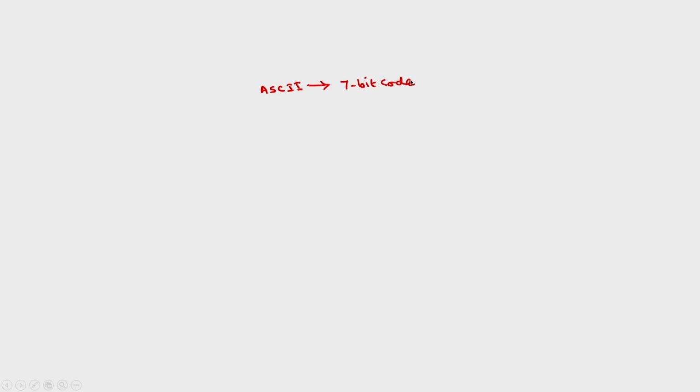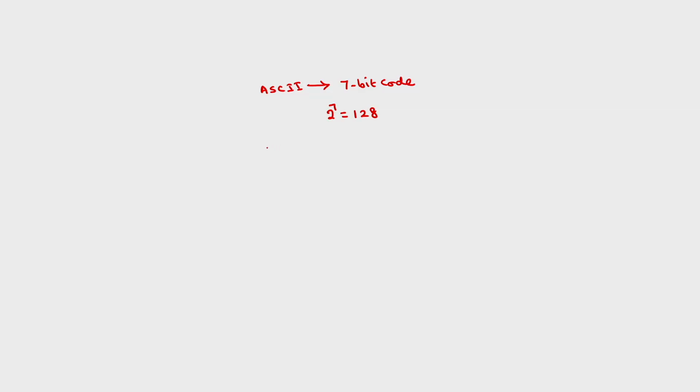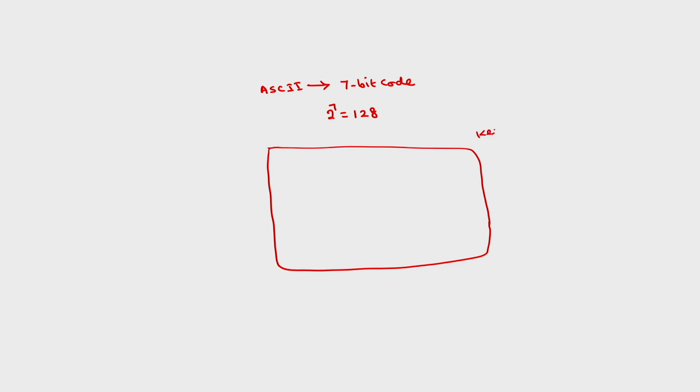We know that using 7 bits we can have 2 raised to the power of 7 combinations, which is equal to 128. If I use the ASCII code to code the keyboard, I can have 128 different keys.